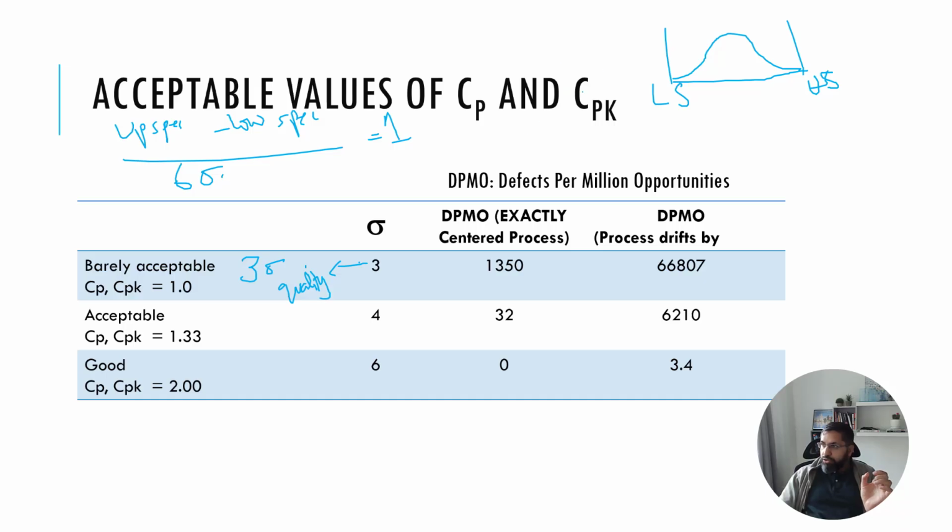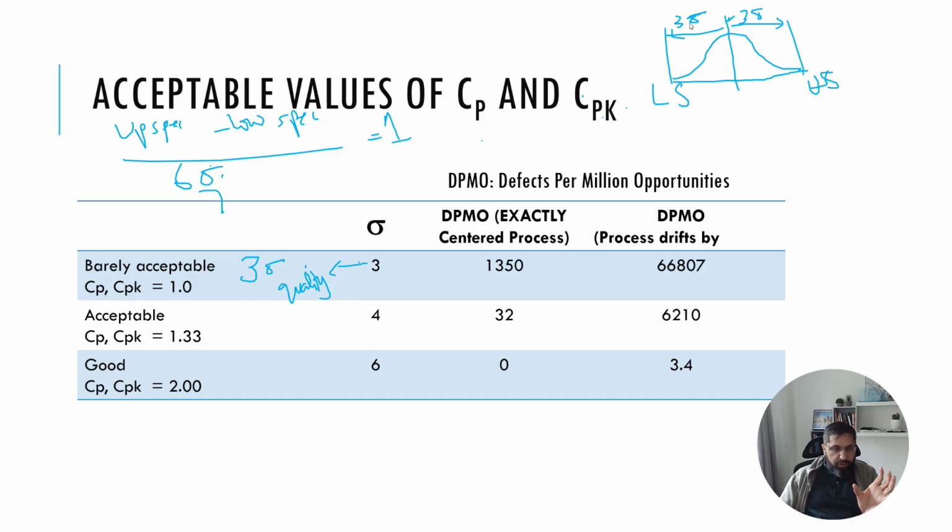Okay. Why? Because on average in the normal distribution, you're going to deviate from the center about 3 sigma to the right and 3 sigma to the left.